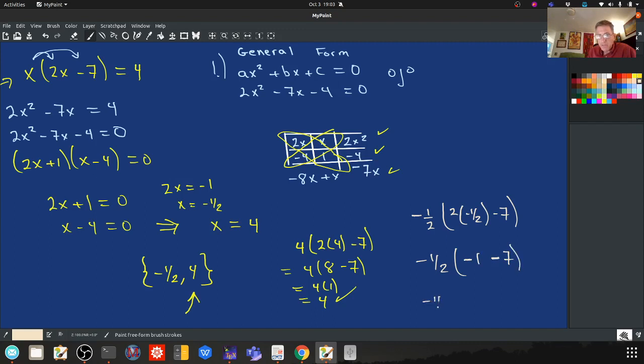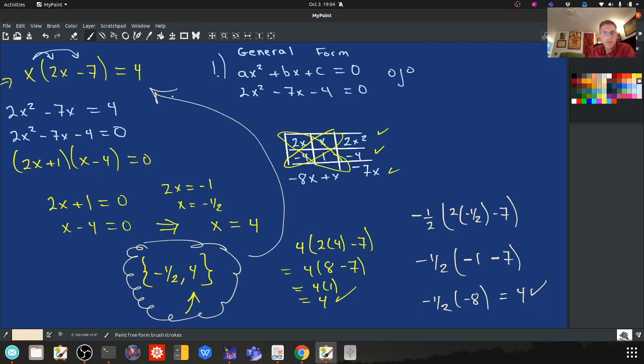So that's minus 1/2 times minus 8, which is equal to 4. So both solutions check. I just want to make sure you understand that when you get a tentative answer down here, you can literally go back up to the original equation and check to see that it's correct.